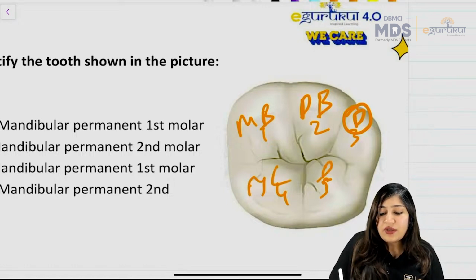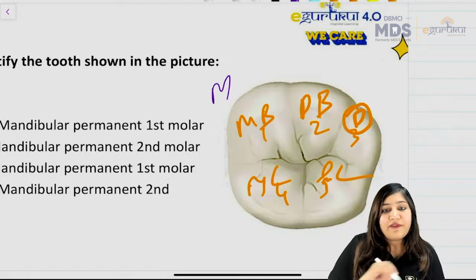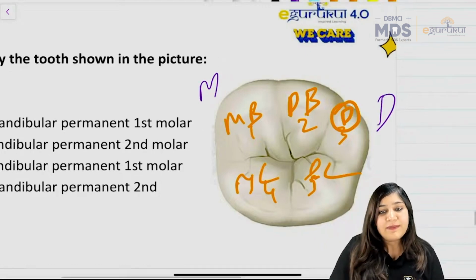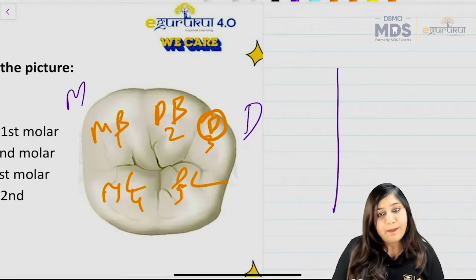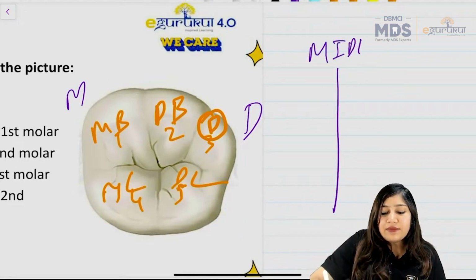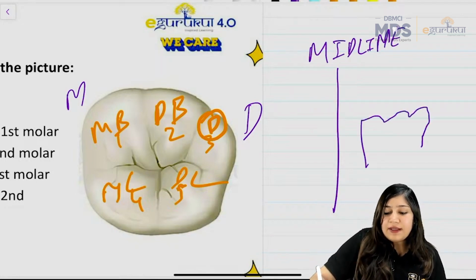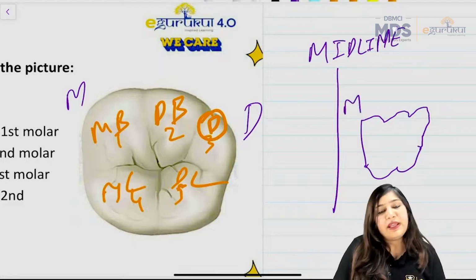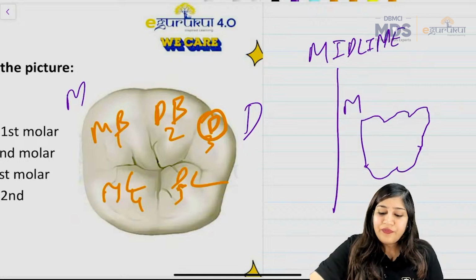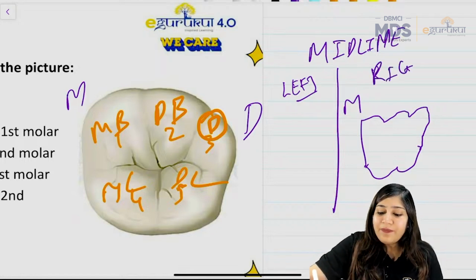Mesiolingual and distolingual, right? Now, which will be the mesial surface? This will be the mesial surface. This will be the distal surface. So always consider the mesial surface towards the midline. This is our midline, right? So this is our mesial surface. This is our left side, but don't consider it as the tooth numbering system, just normal left side and right side.